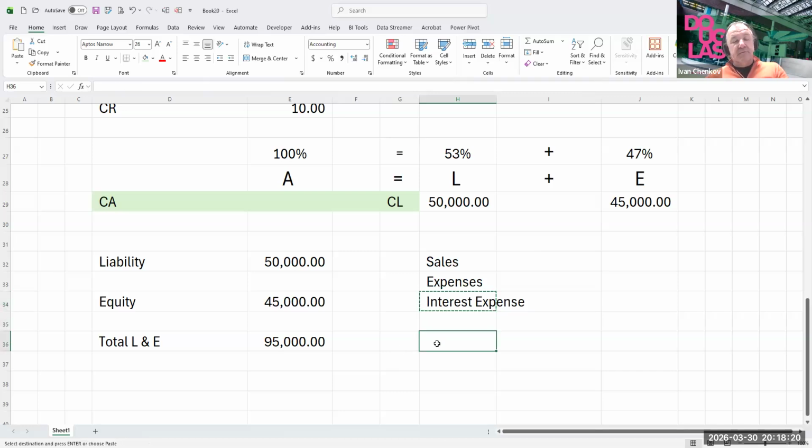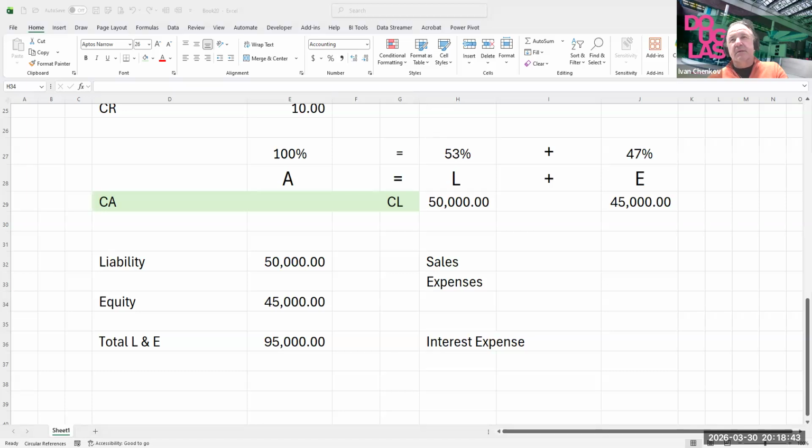Let's put it right here. Now let me double check on the interest here. I wanted just to check something.